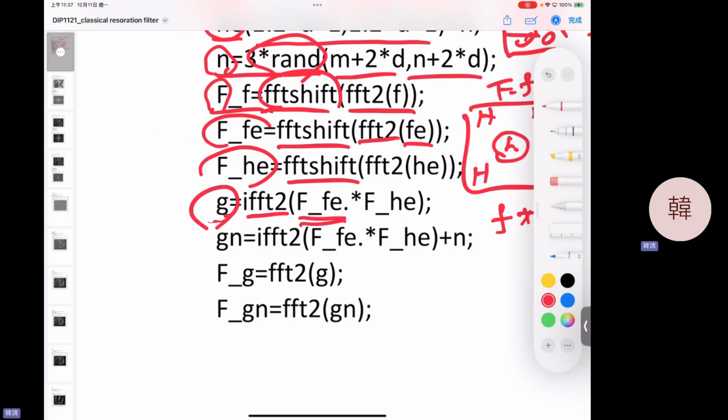So you can see the Fourier transform of the extended image, the Fourier transform of the blur function, and then remember dot multiply. There are two matrices in the Fourier transform with the same size, and you are going to multiply them together. In the Fourier domain, it's not a matrix operation. Very important, it's point to point operation.